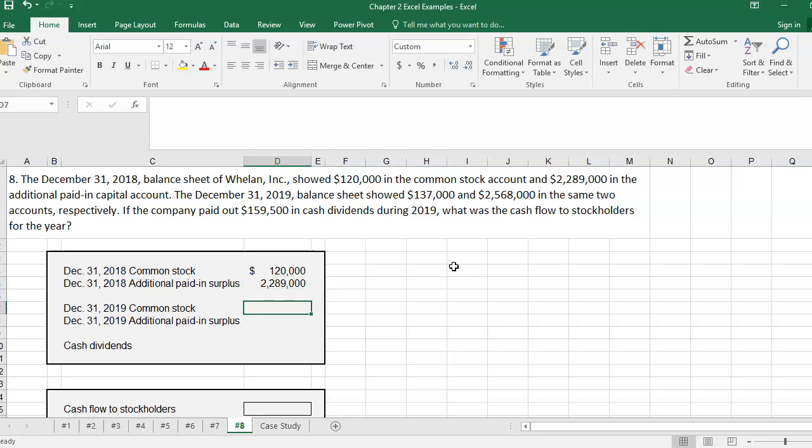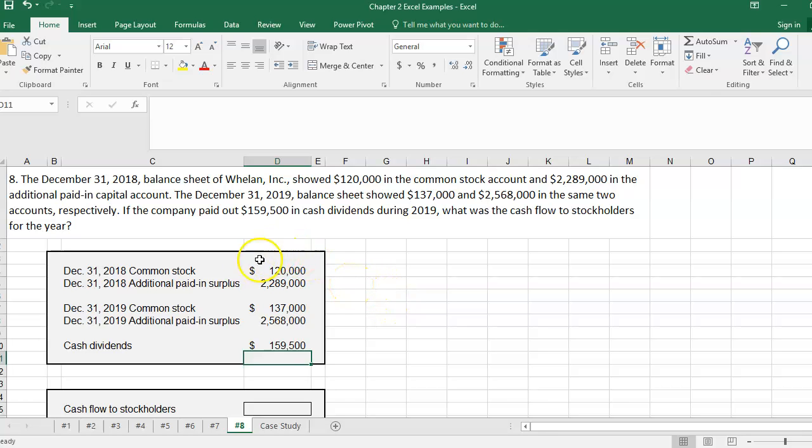In 2019, our common stock is $137,000, and additional paid-in capital is $2,568,000. We have cash dividends of $159,500.